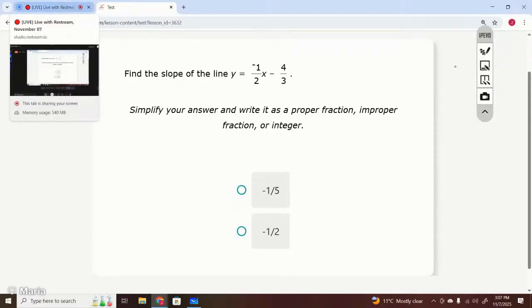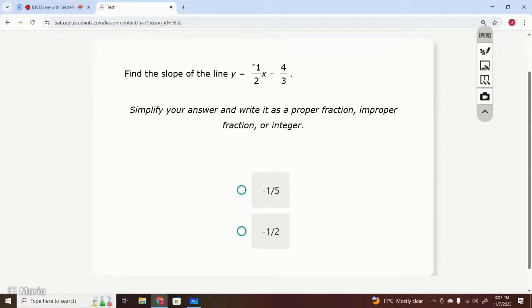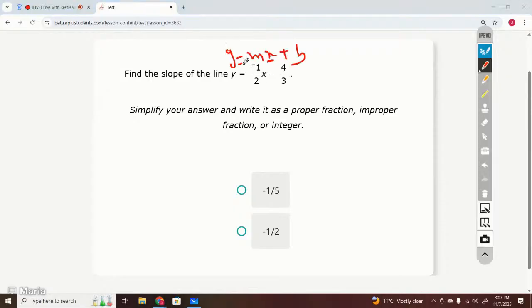Find the slope of the line y equals negative 1 by 2x minus 3 by 4. So we have to compare y equals mx plus b.